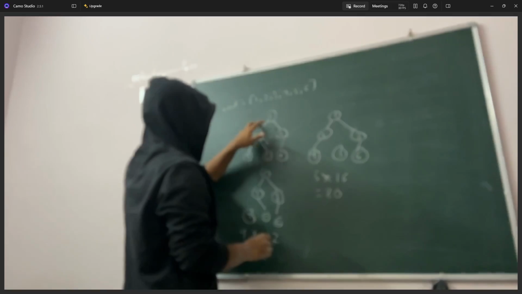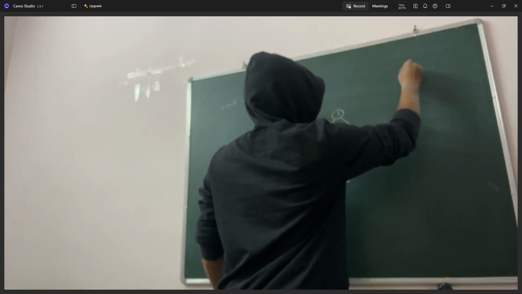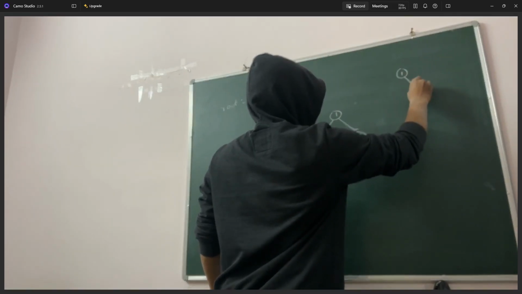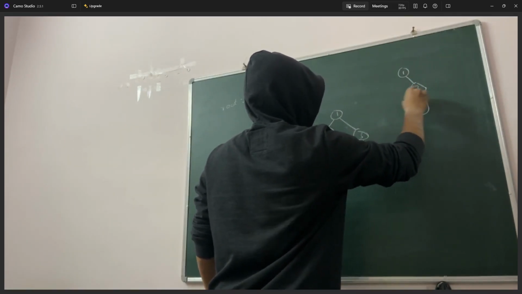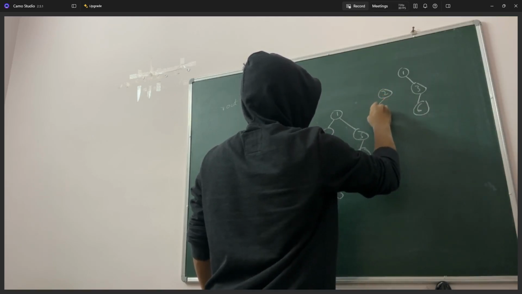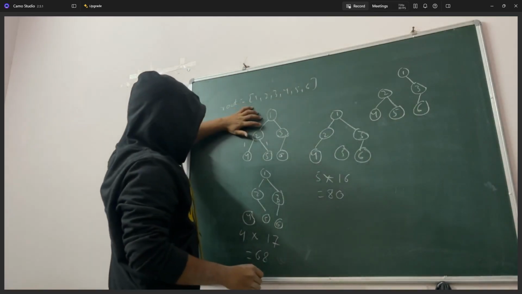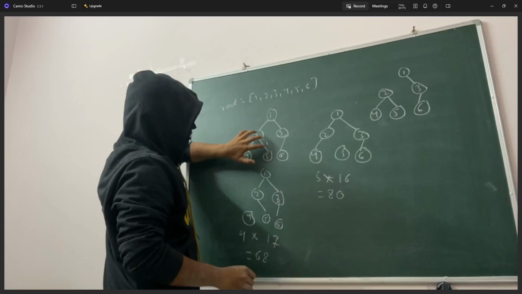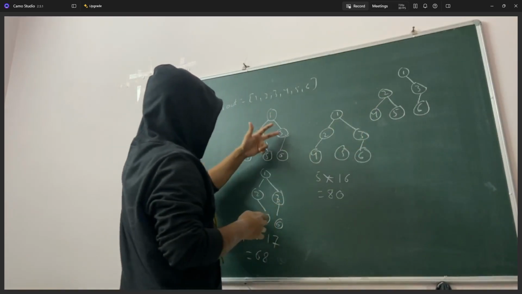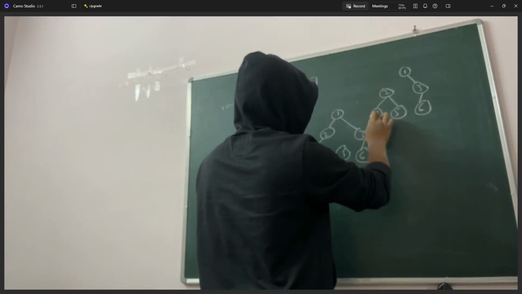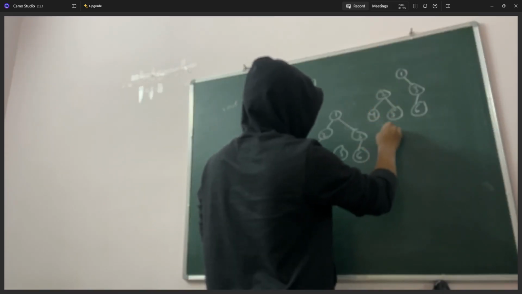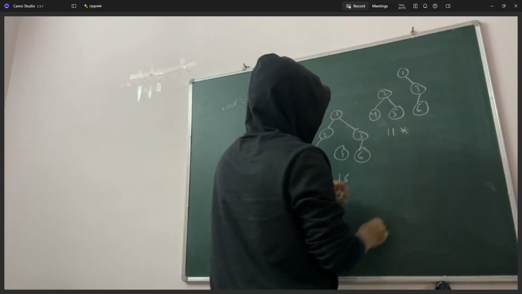Now let's try to remove this. When you remove this, 2, 4, 6 will remain as one subtree and 1, 3, 6 remain as the other subtree. So what's the sum? It's 11, and the product we are doing there.